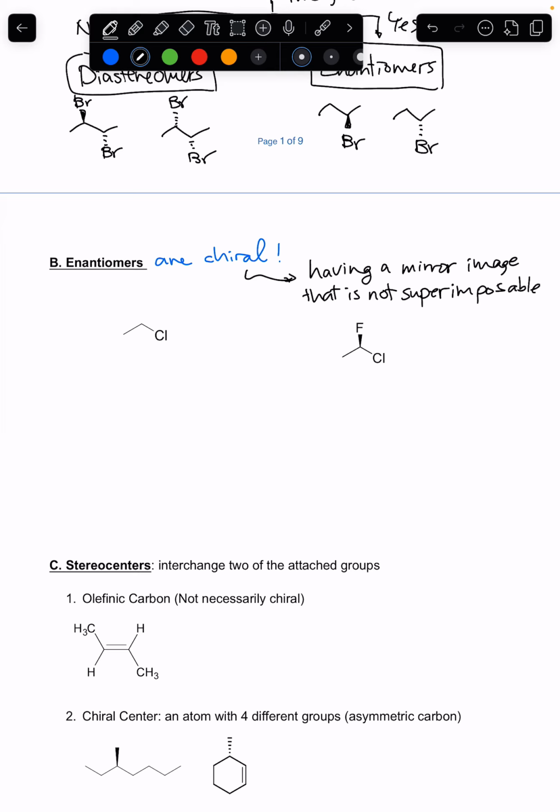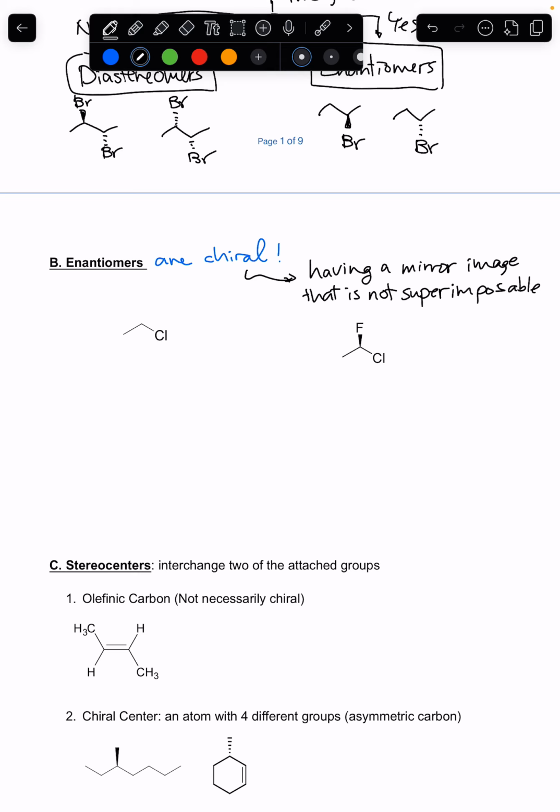For example, something like a spoon would not be chiral usually, unless there are some chiral markings on there. But something like your glove would be chiral, right? It's got a mirror image that's not superimposable.